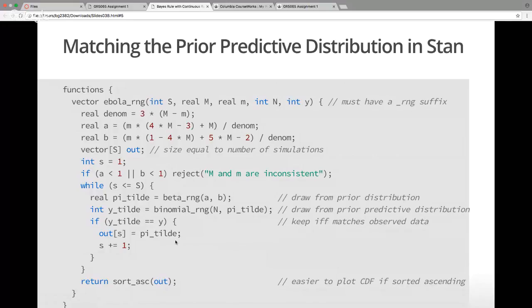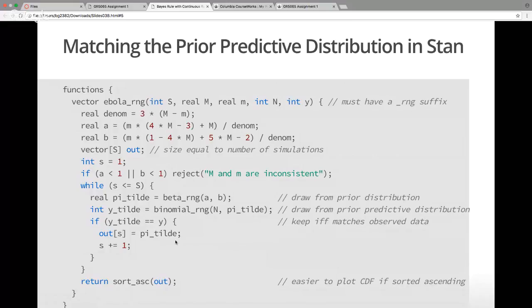Then I'll use an if clause to check whether my realization of y tilde, the simulated number of survivors, is exactly equal to y, which I pass in, the actual number of survivors. If that is true, I keep my realization of pi and I stick it in my holder, which is going to go out, and I make s 1 bigger.